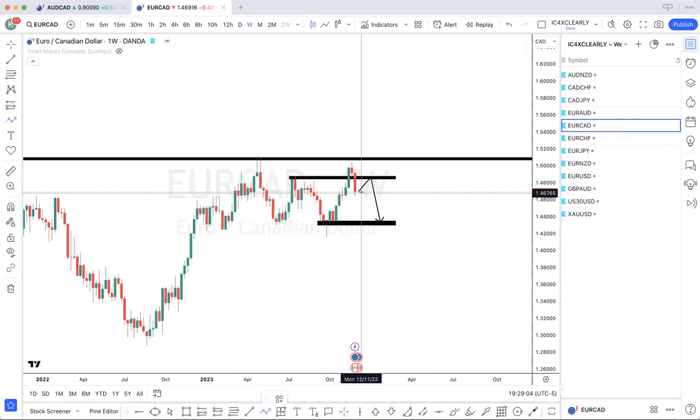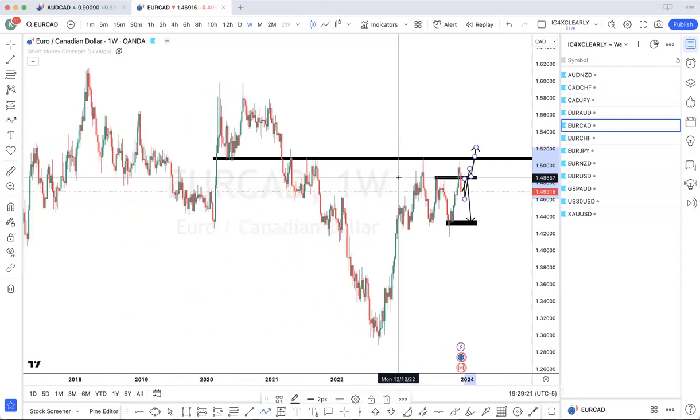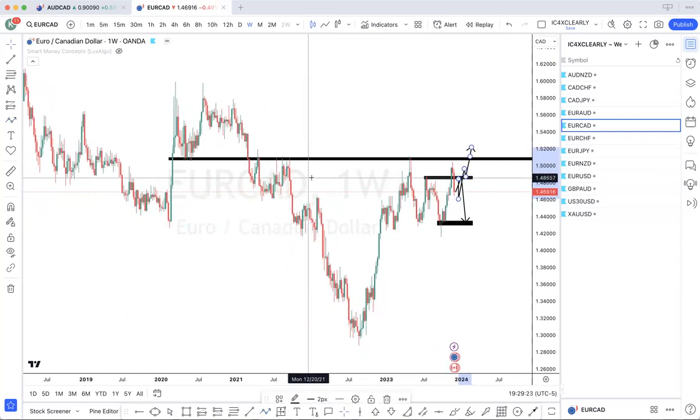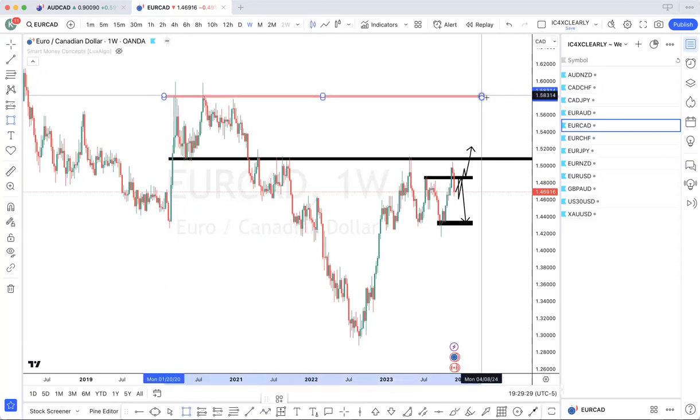Or price could tap into this order block and could just keep going, pushing up here. Okay. So we have an area here. The next target would be these highs up here.